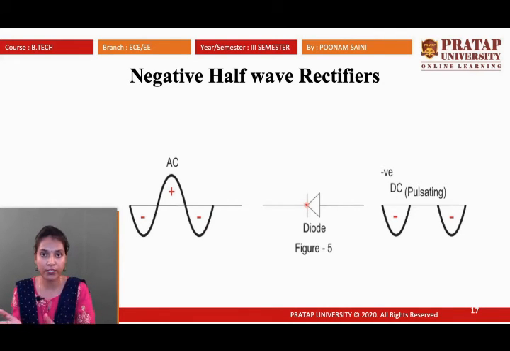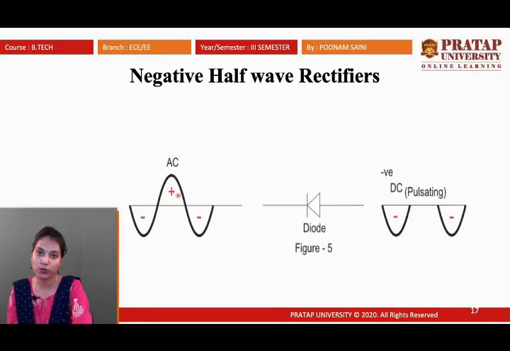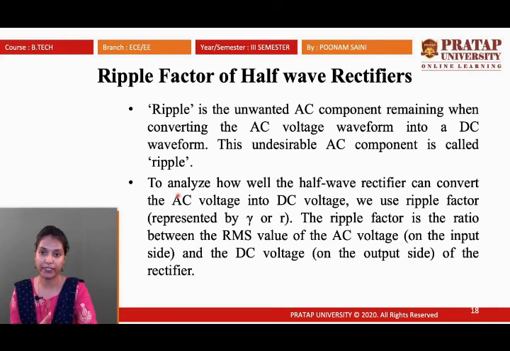When the diode is in negative, the negative half cycle is passed and the positive is suppressed. So in the negative half cycle, when the negative occurs, the diode is in forward bias. That means the negative half cycle is passed and the positive half cycle is suppressed. So these are the two parts of the half wave rectifier: positive half wave rectifier and negative half wave rectifier.